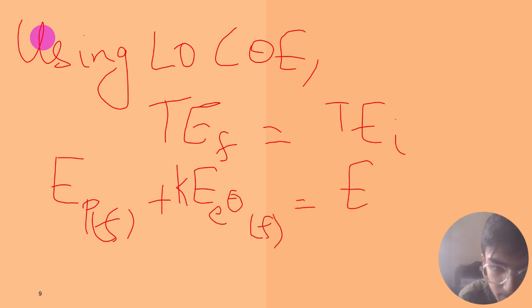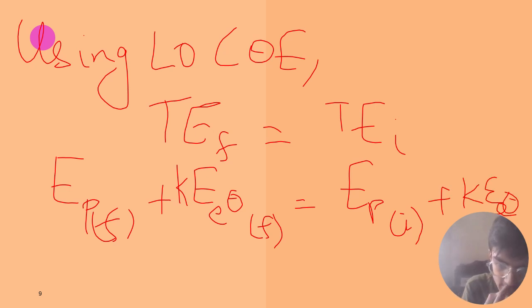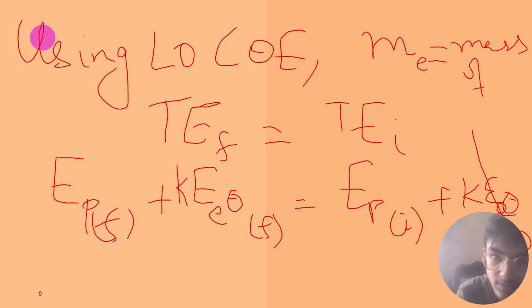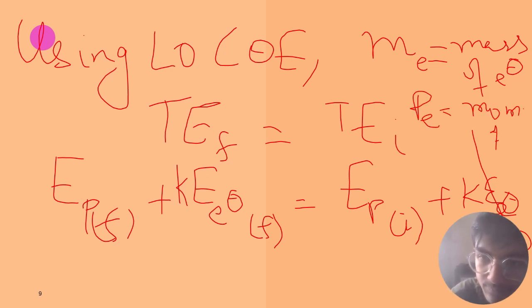Same here, E_P initial plus K initial of the electron. Now initially it was at rest, so 0. And here we will use m_e for the mass of the electron, and p_e for the momentum of the electron.